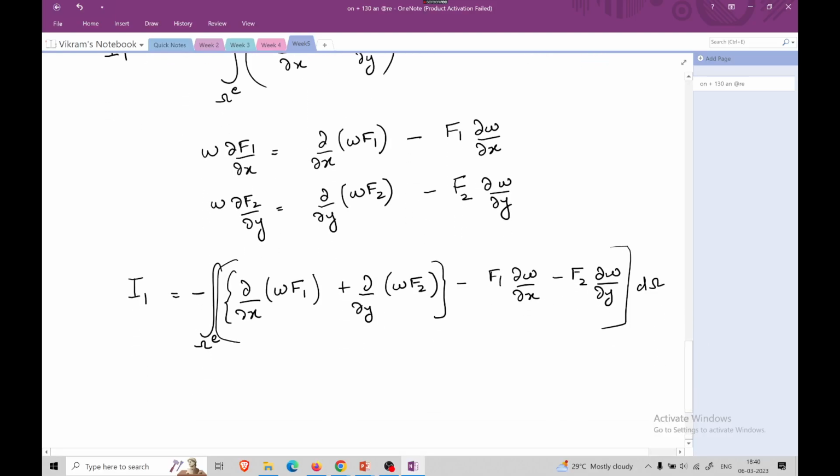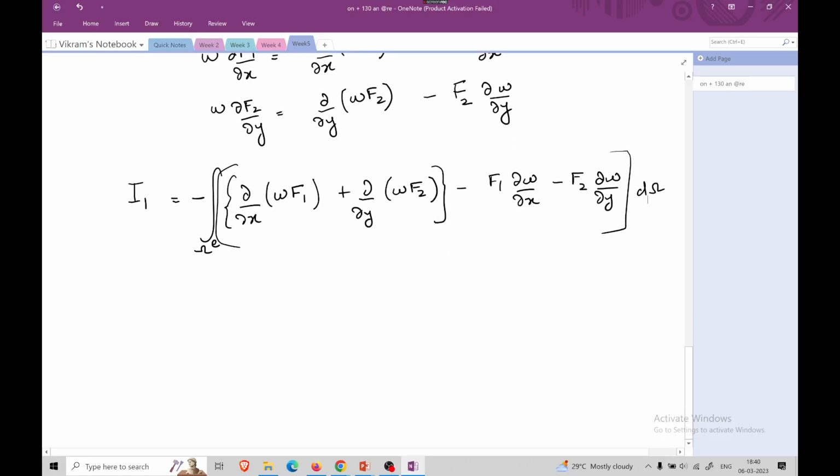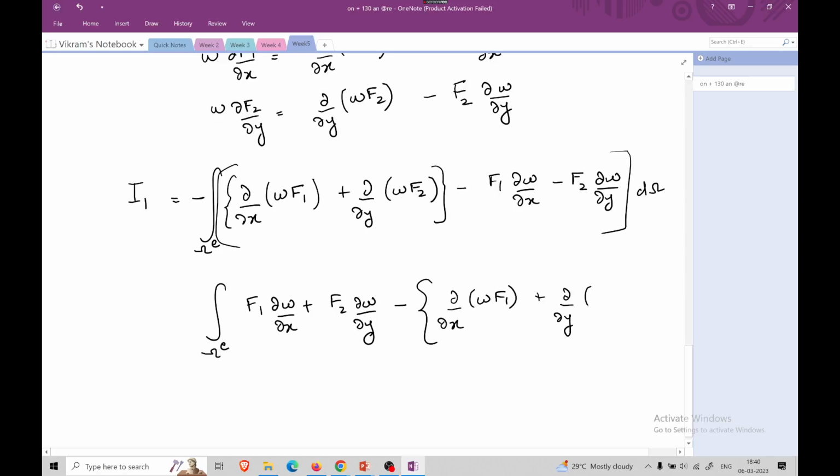Further, I am going to split this. This minus sign I am going to take inside, which means I am going to get f1 ∂W/∂x plus f2 ∂W/∂y minus the entire thing ∂/∂x of W f1 plus ∂/∂y of W f2. This entire thing I have to integrate over the domain.